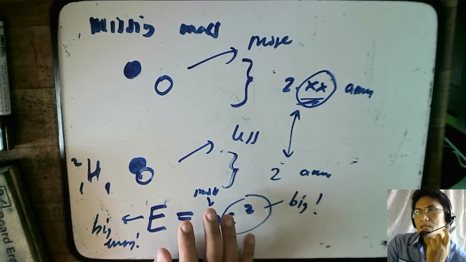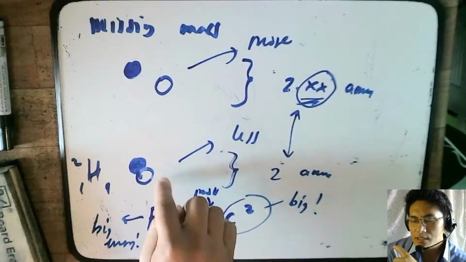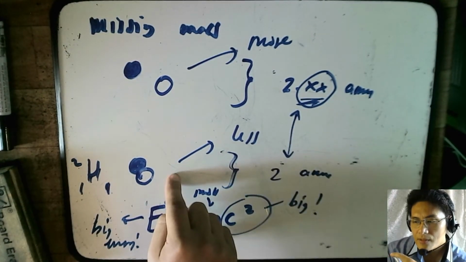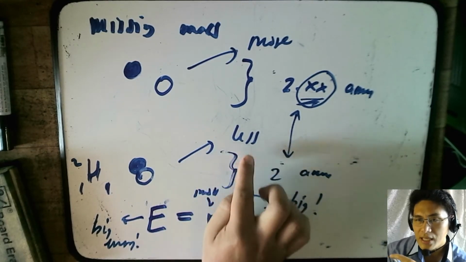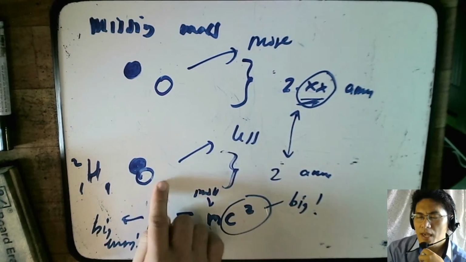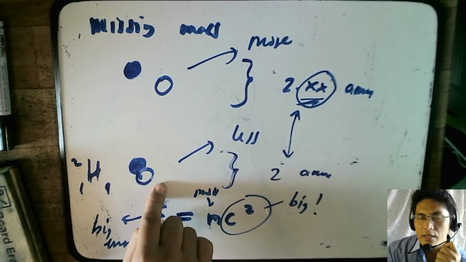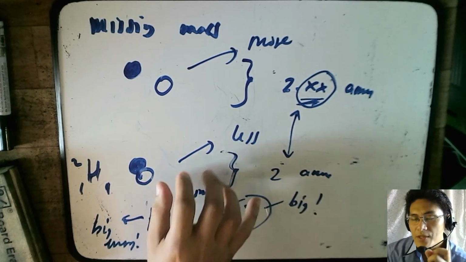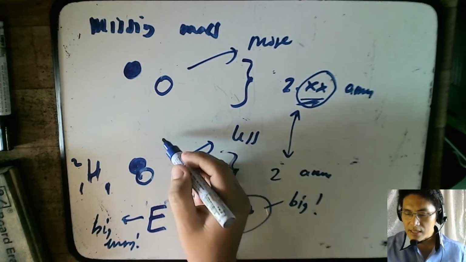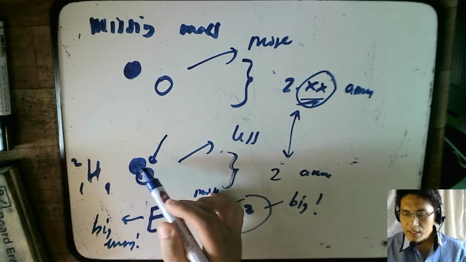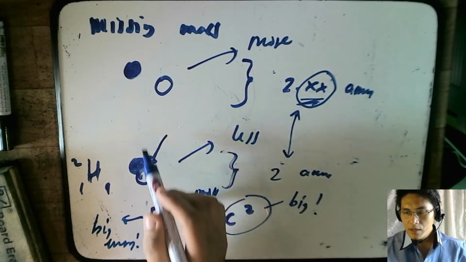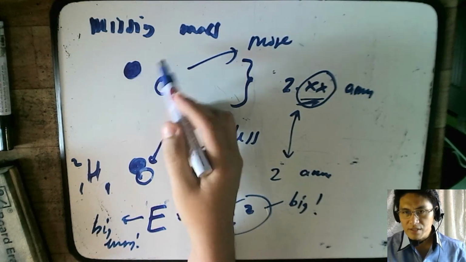Just logically thinking about it, if this has more and this has less, maybe there is something here that we don't see that compensates for why it has less mass. And in fact, they recognized that this is because this one is a configuration where the two are bonded together, and this is a configuration where there's no bond between them.